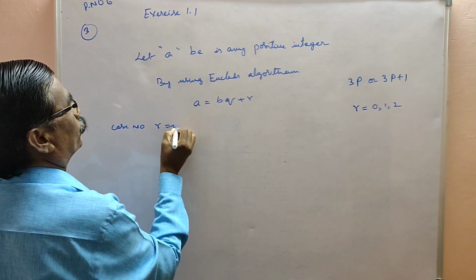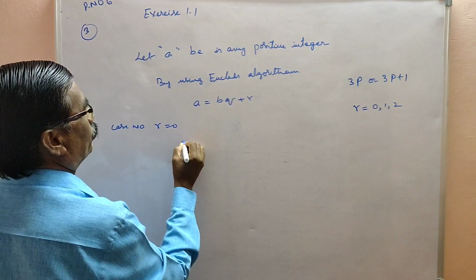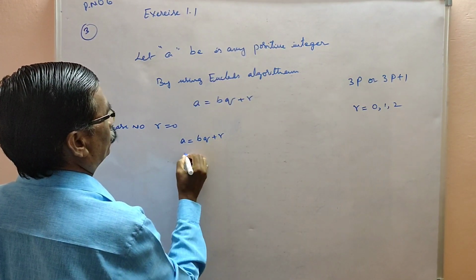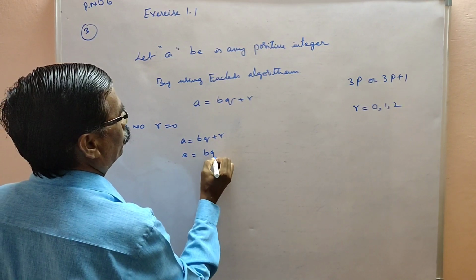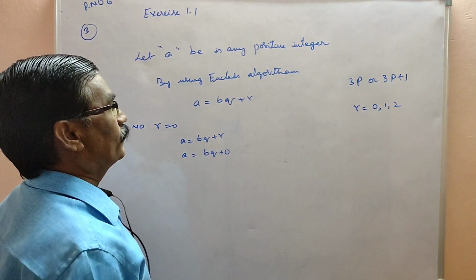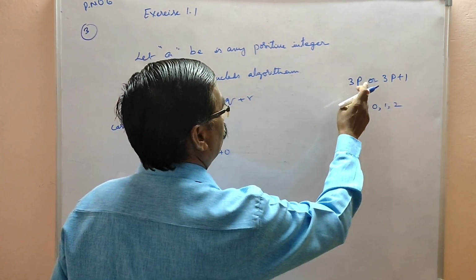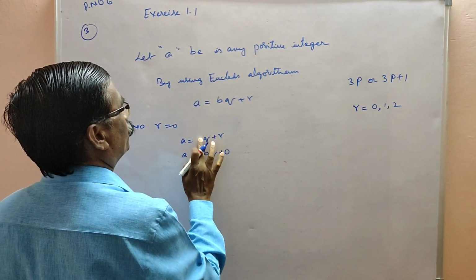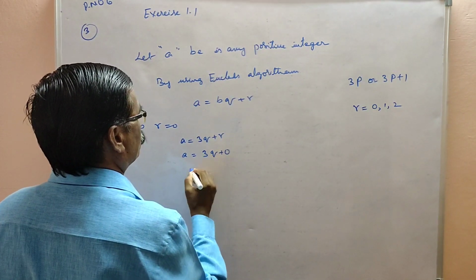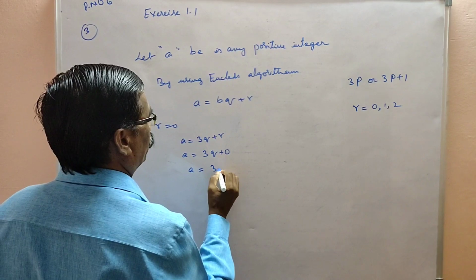r equal to 0, so a equal to bq plus r, so a equal to bq plus 0. Here b is 3, so 3q plus 0, so that is a equal to 3q.